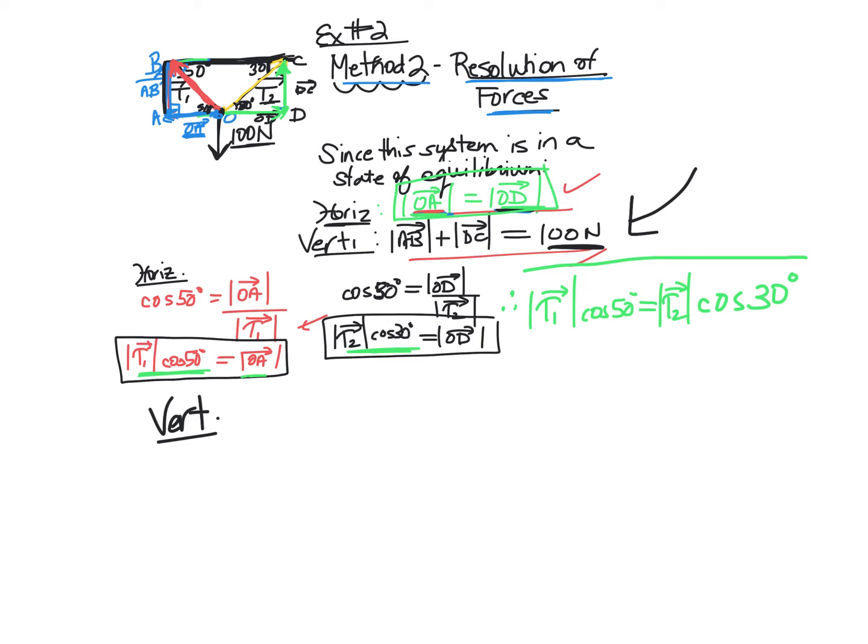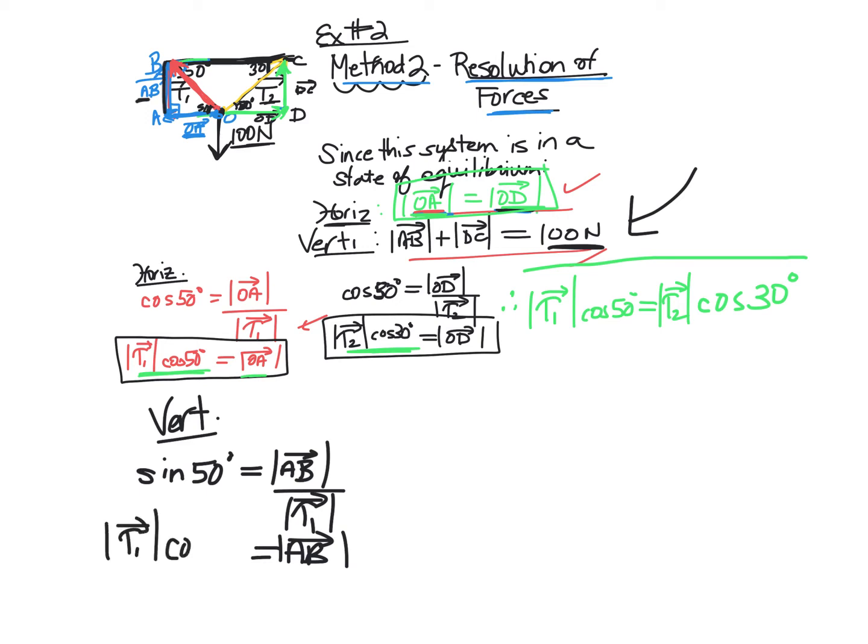So using the blue triangle this time, because I have opposite over hypotenuse, I can say that the sine of 50 degrees equals the magnitude of the AB vector over the magnitude in string 1. So the magnitude of the AB vector can be represented by the tension in string 1 multiplied by the sine of 50 degrees.